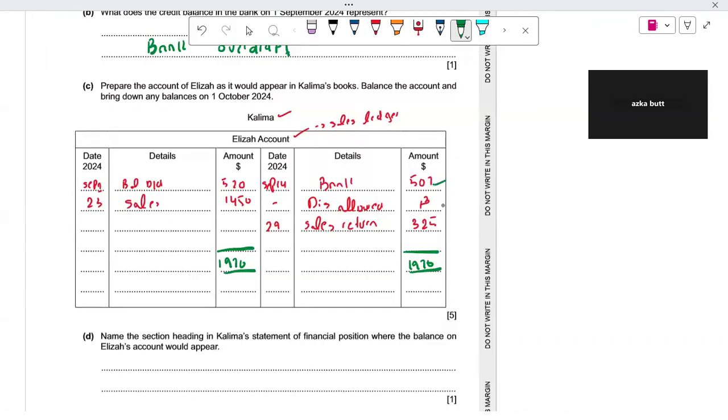Now deduct the 507, 13, and 325 from the 1970. 1970 minus 507 minus 13 minus 325. This is 1125.